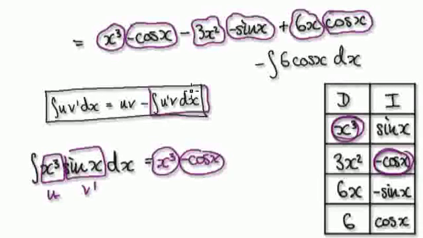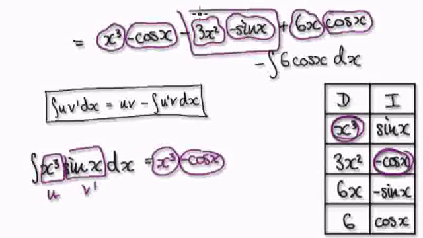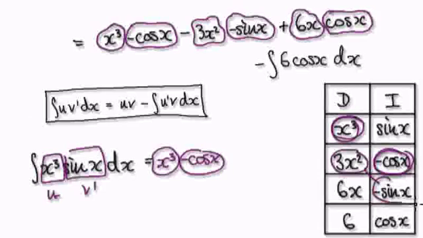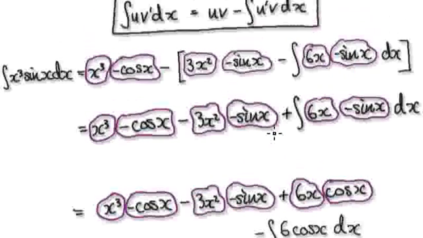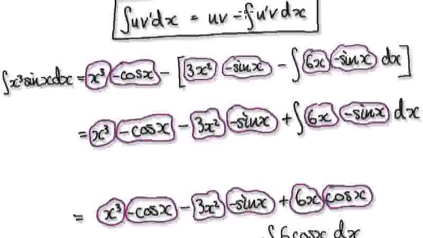If you repeat this process, the next one would be this times this, because if you repeat the process, it will give you that. And by the way, when we were repeating this process here, the sign changes.